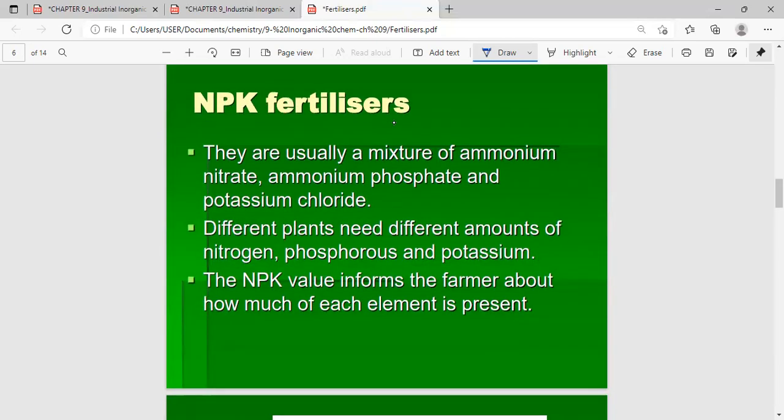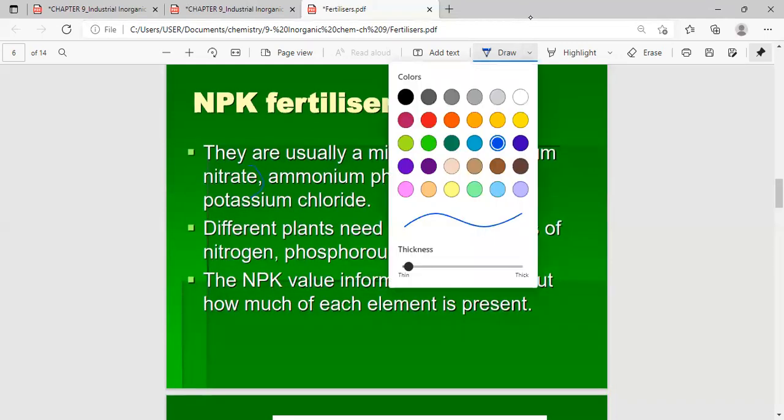If you look at NPK fertilizer, it's very difficult to have one fertilizer with all three. I think there is not much of a 3-in-1, so you have to have 3 different chemicals. NPK fertilizers usually are a mixture of ammonium nitrate, which we already saw earlier, ammonium phosphate, and potassium chloride.